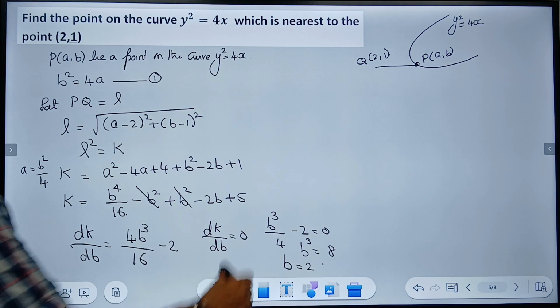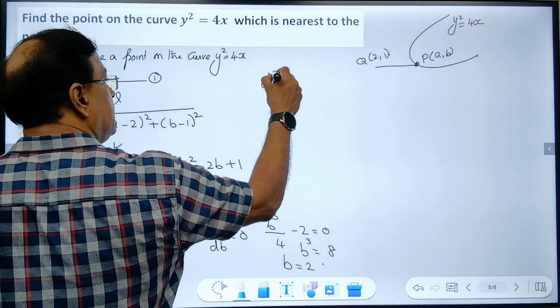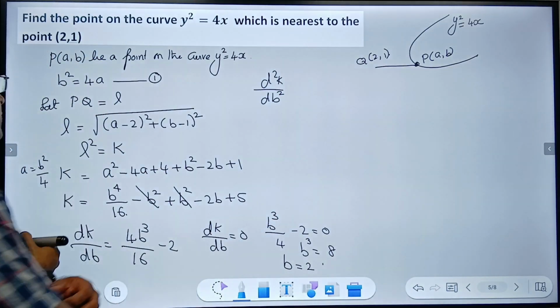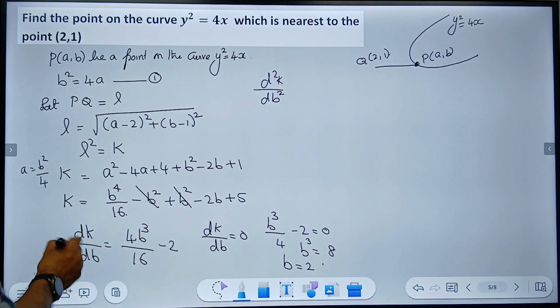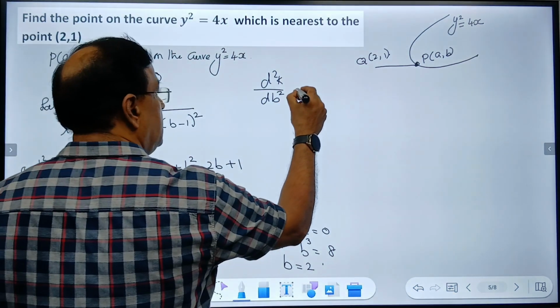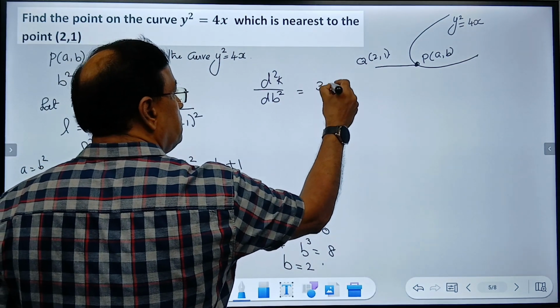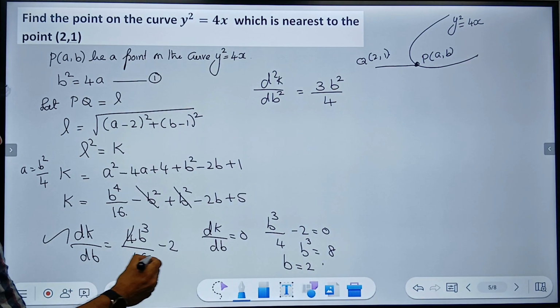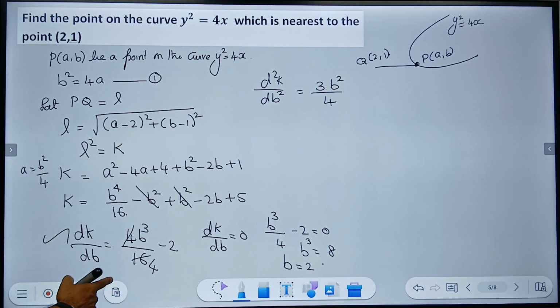Okay. Now what do we do? Find d squared k by db squared. Why do I do the second derivative? To check whether it is a minimum or not. So I'm going to differentiate this. So what is that? This will be 3b squared by 4, correct? Differentiation of 2 is 0.